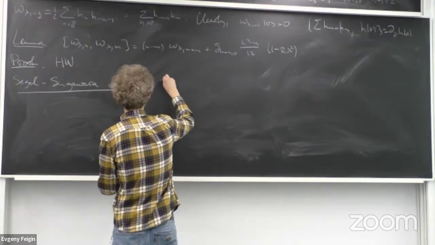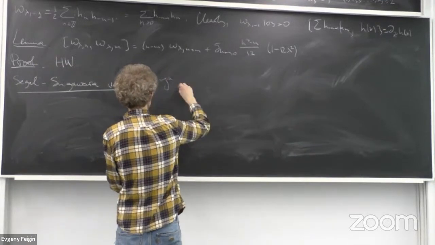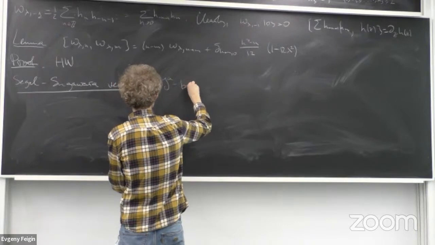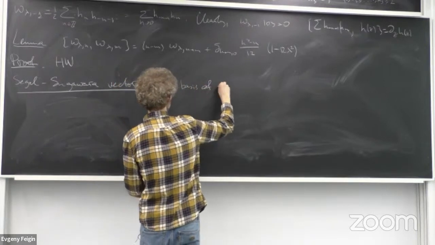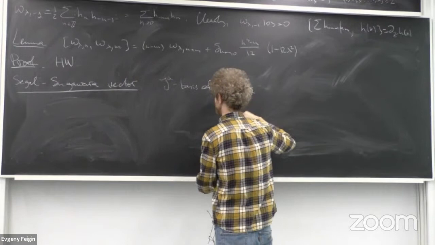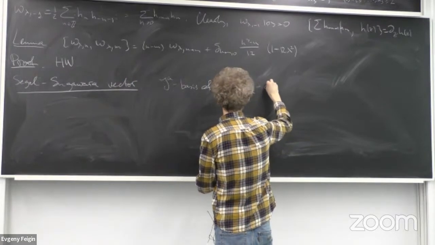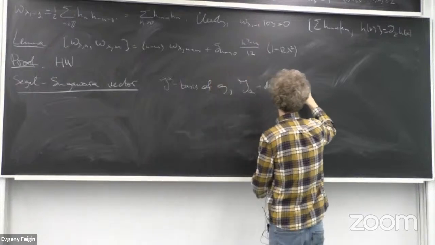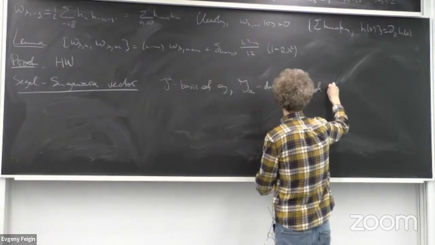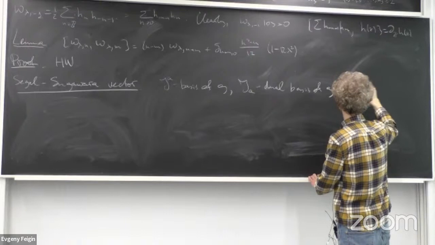Let me take J^a to be the basis of g, and J_a, with lower index a, to be the dual basis of g with respect to the Killing form.